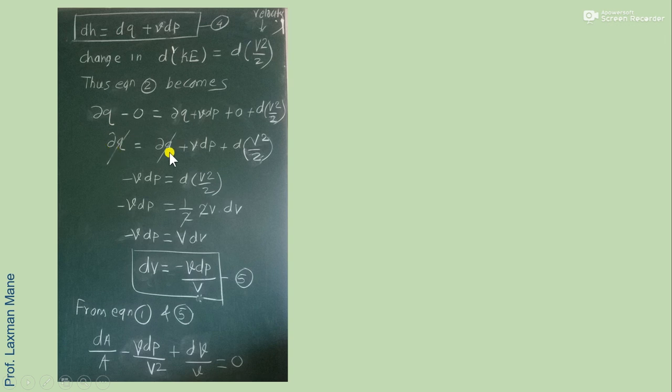Now on both sides dQ will get cancelled, and arranging the terms we find minus VdP is equal to d of V square by 2. Now the derivative of V square is 2V. Here 2 gets cancelled, and then in the form of dV we can have this equation, that is equation number 5. Now from equations number 1 and 5 we can have dA by A minus vdP by V square plus dV by V is equal to 0.